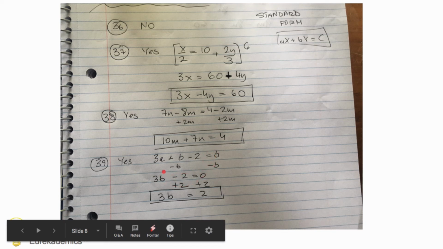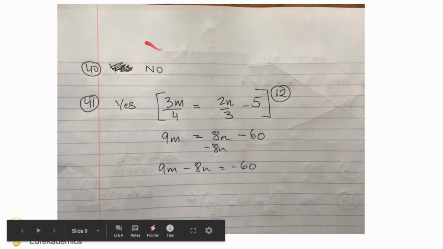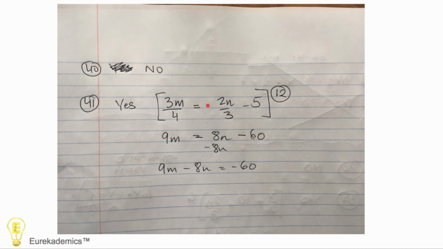So minus b, we have 3a minus 2, because the b's cancel out, equals 0. Then we do plus 2, and we get 3b equals 2, and that is in standard form. Number 40 was a no, because you had a trinomial, and you had a t unit here and a t unit here. And then number 41 is a yes.